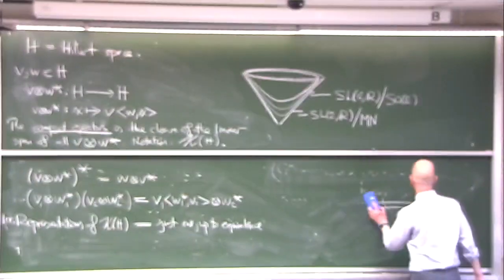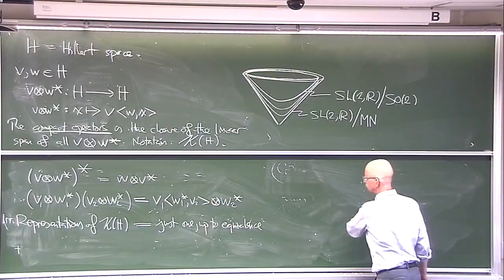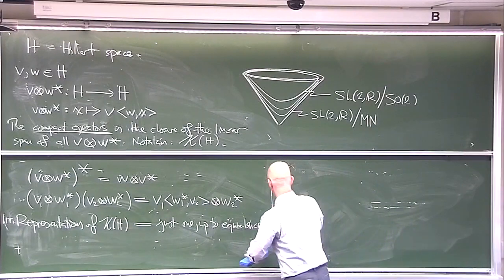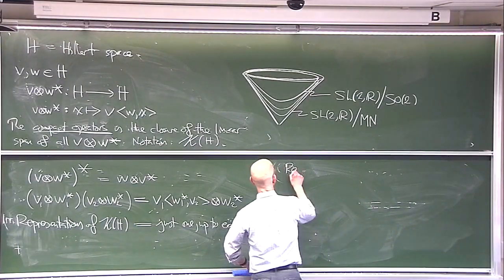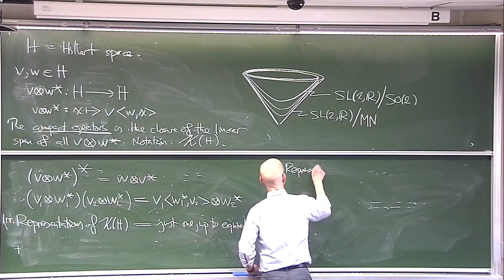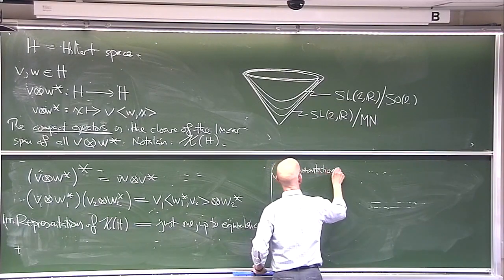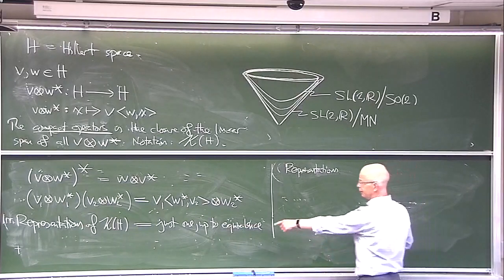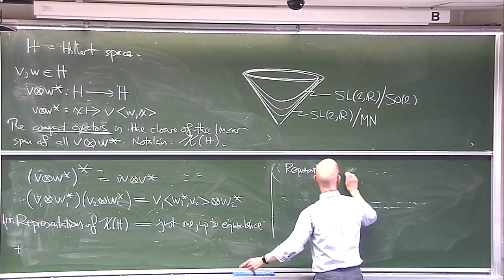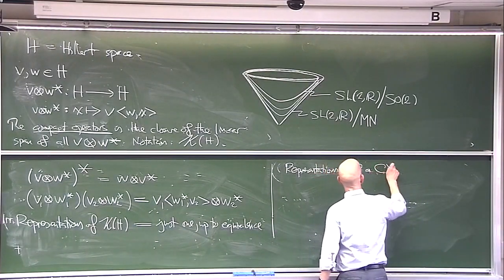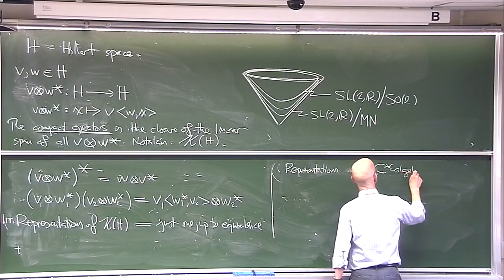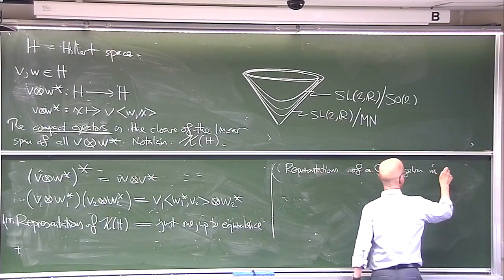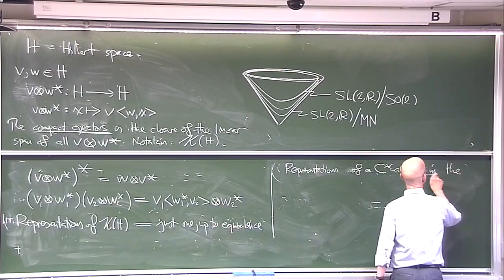And while we're at it, let's consider a sort of converse, not converse, but an inverse, transpose, adjoint or something of this. Let's consider representations of a C-star algebra in compact operators.